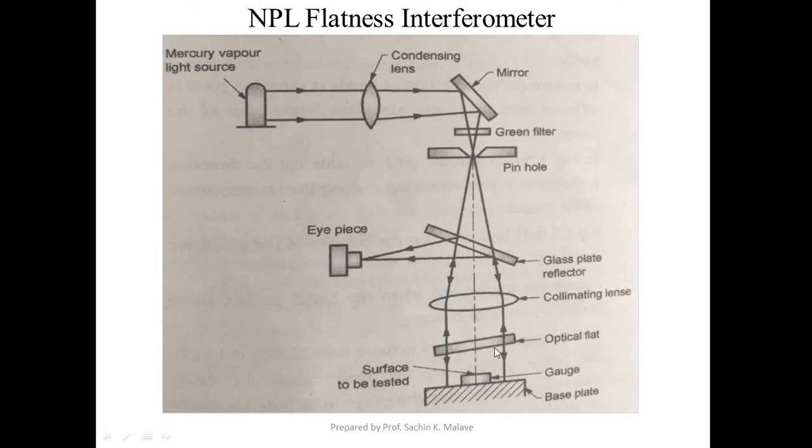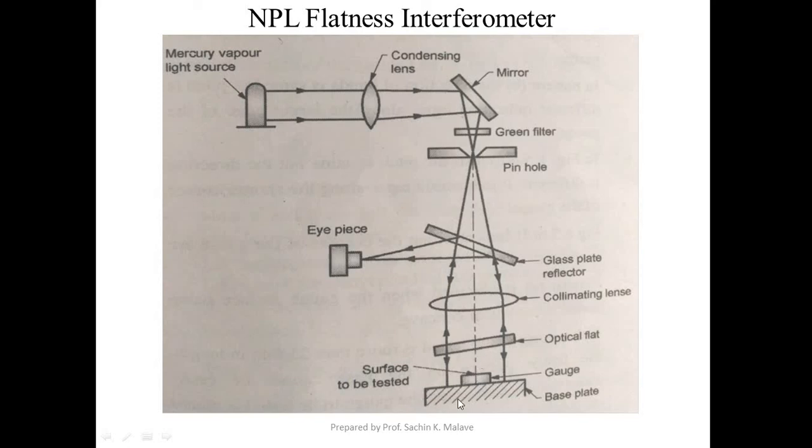Because of this optical flat, we are going to get interference fringes. We will get two sets of interference fringes. One set of fringes is due to the air gap between the top surface of the gauge and the optical flat.